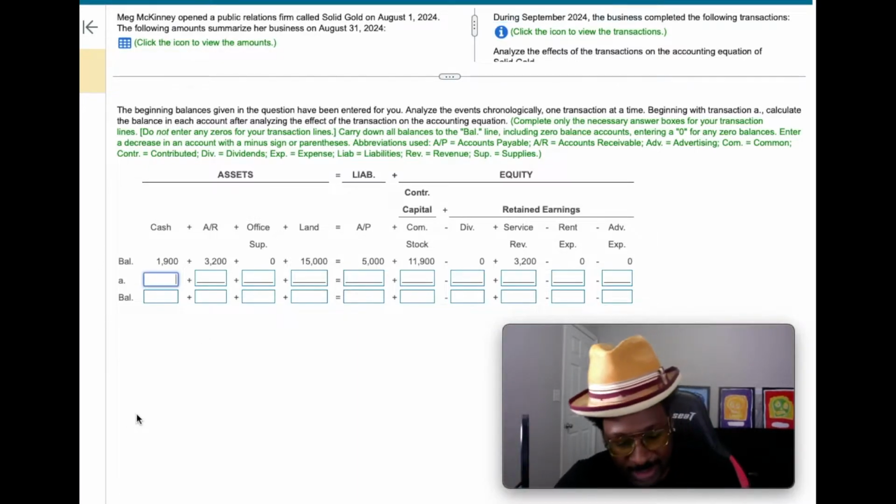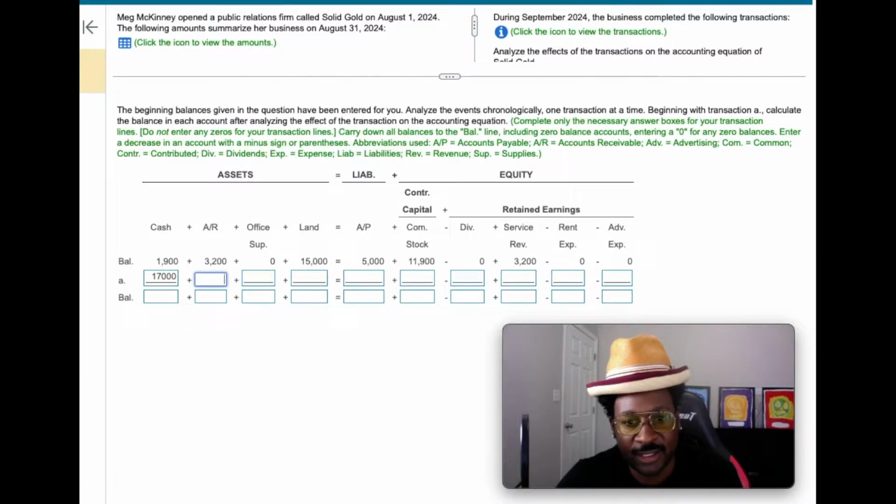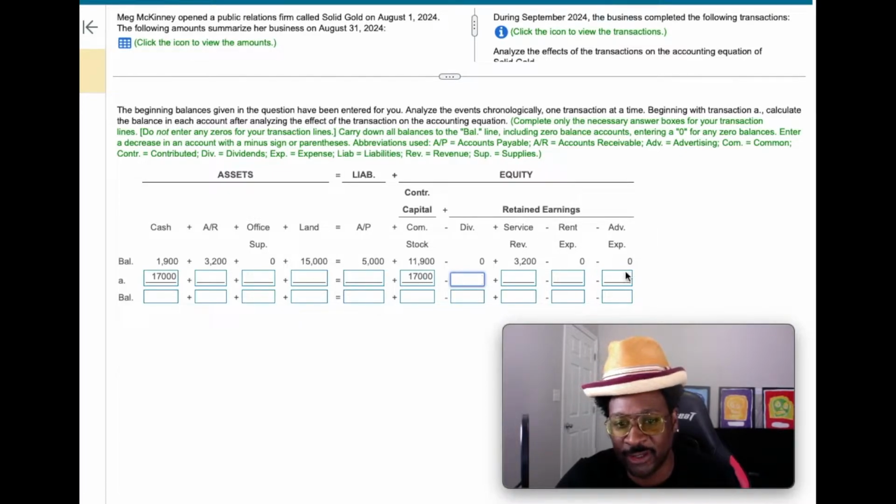So, our asset account cash went up by $17,000. There were no effects on the other asset accounts, no effects on liabilities, and our common stock account has increased by $17,000 as well. Again, for the remaining parts of stockholders' equity, nothing was affected, so we're going to leave all of those blank.